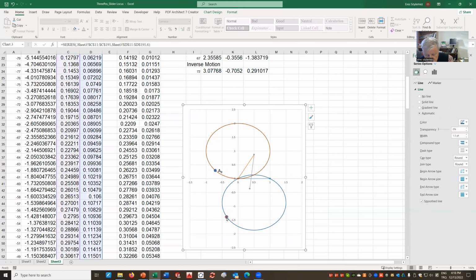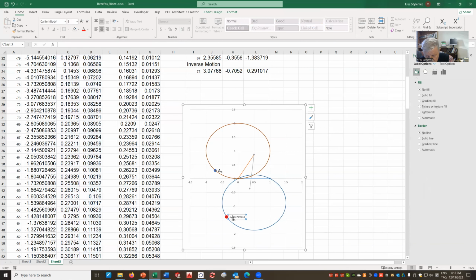This point is, add data label, B1, (16), bold.